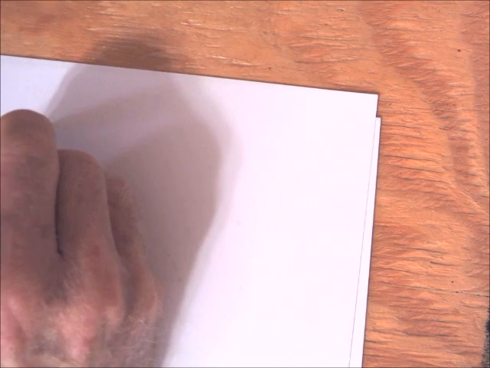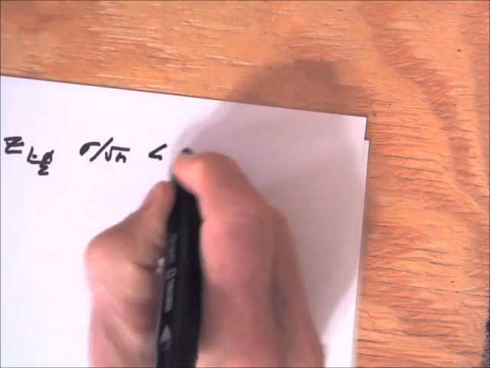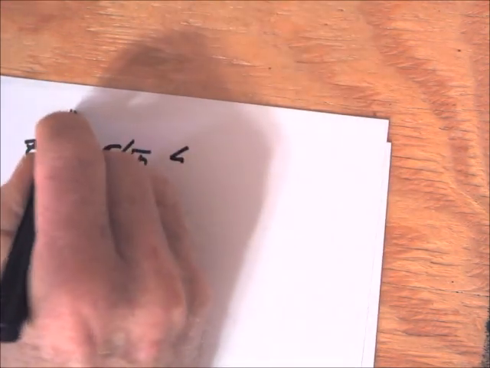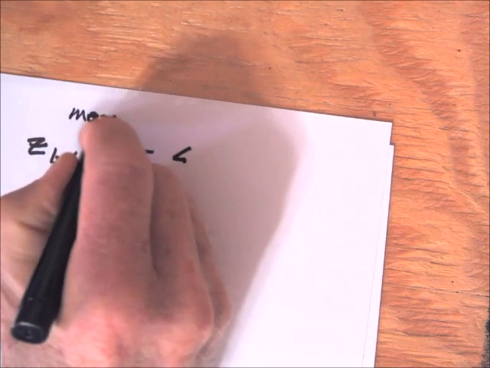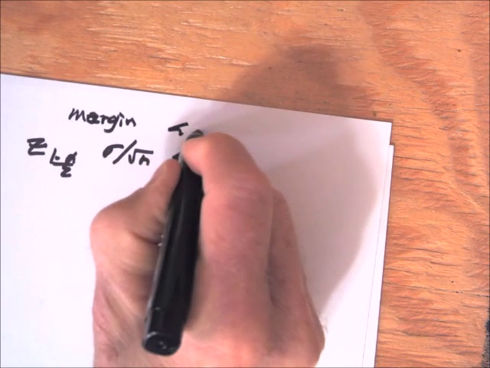So we want z sub 1 minus alpha over 2, times sigma over square root n, to be less than the margin of error.